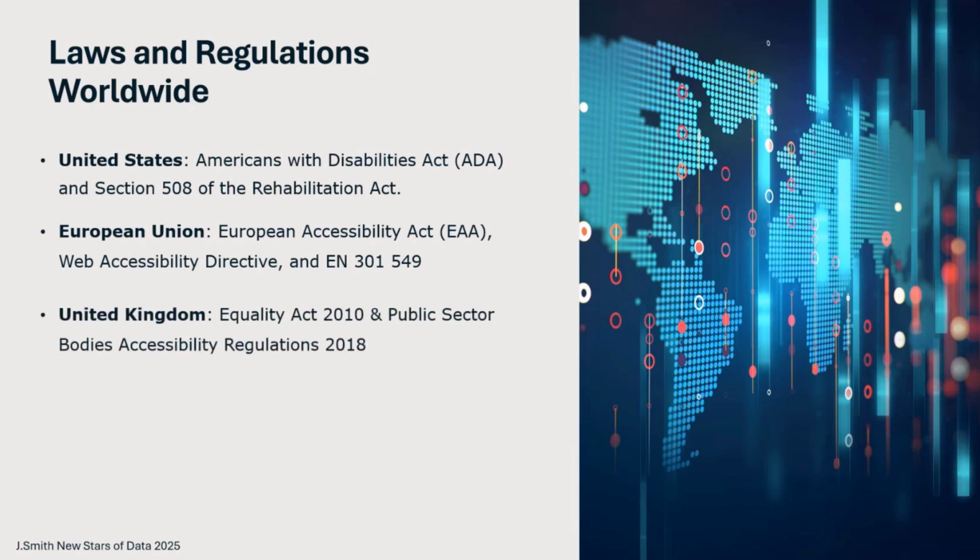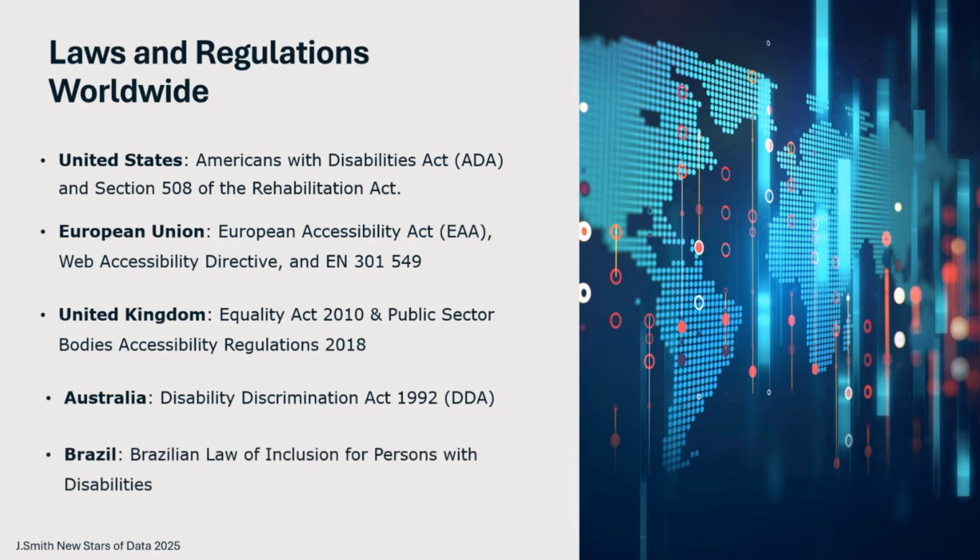In the United Kingdom, where I am based, we have the Equality Act and the Public Sector Bodies Accessibility Regulations. In Australia, there is the Disability Discrimination Act. And in Brazil, we have the Brazilian Law of Inclusion for persons with disabilities.